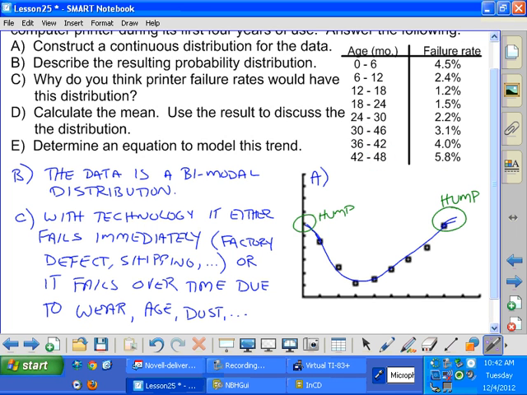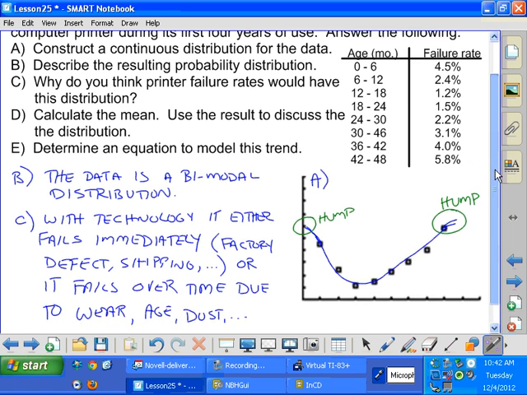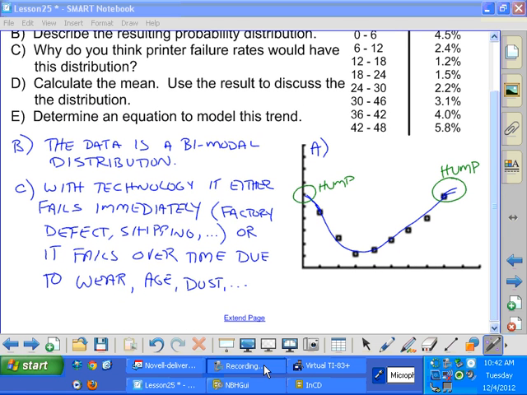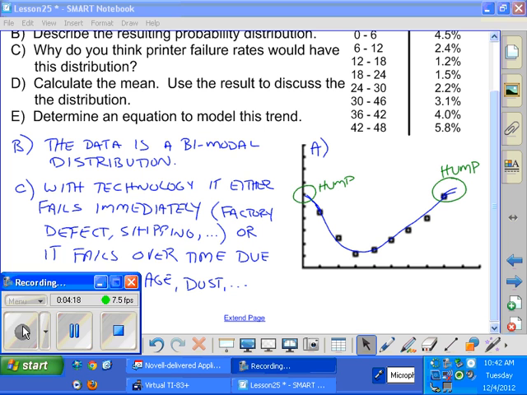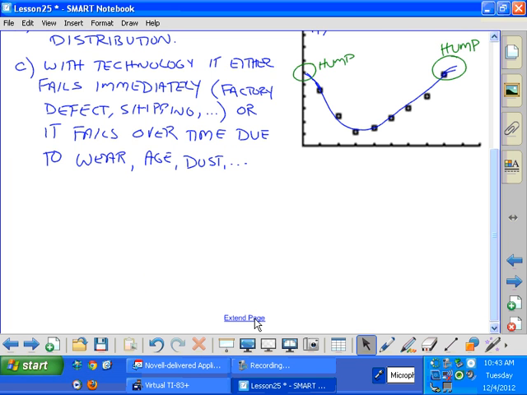So for part D, calculate the mean and use that result to discuss the distribution. I'm going to pause here for a second, calculating the mean average of the failure rate, and we'll have that discussion. Okay, over those 8 segments, for part D, find x bar, which is approximately equal to 3.1%.